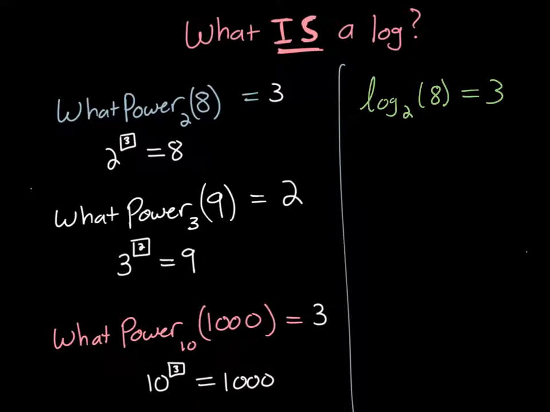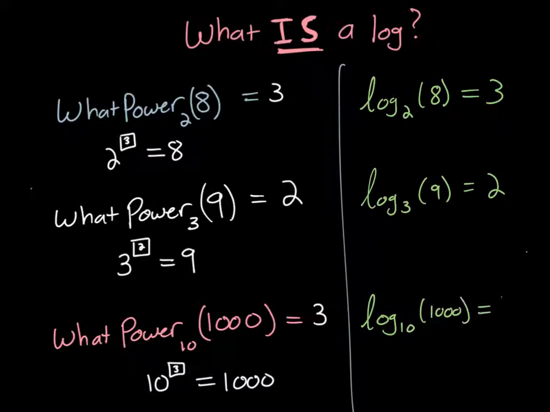It's 3, because all it is is a what power. What power of 3 is 9? It's log base 3 of 9, and the answer is 2, same as the what power problem. What power of 10 is 1,000? We can write it log base 10 of 1,000 is 3.